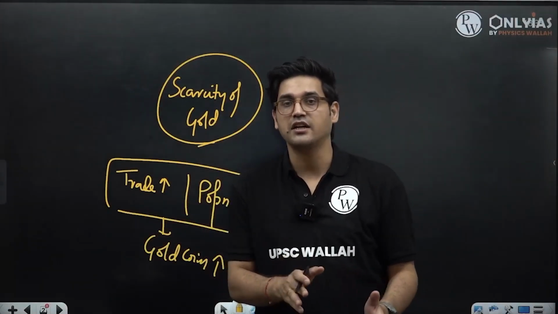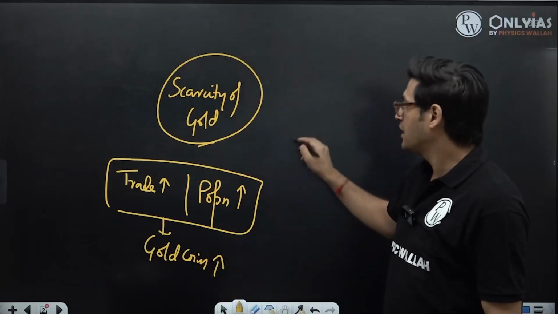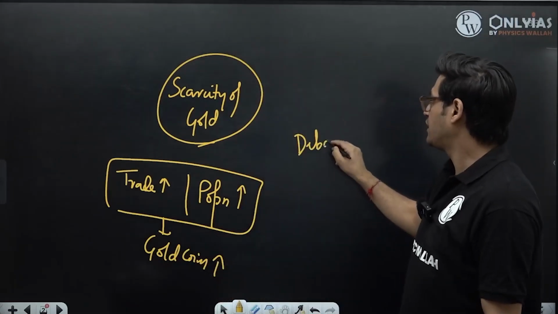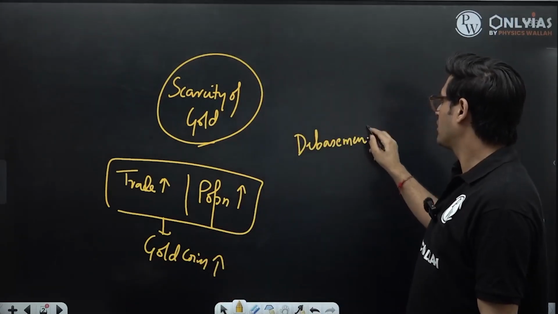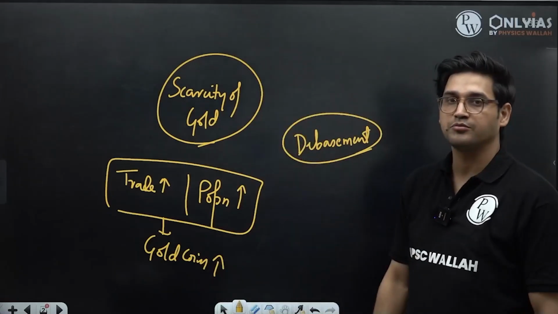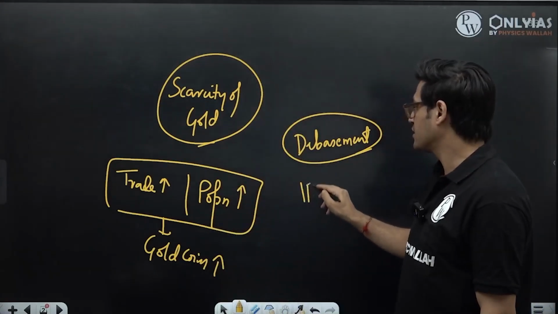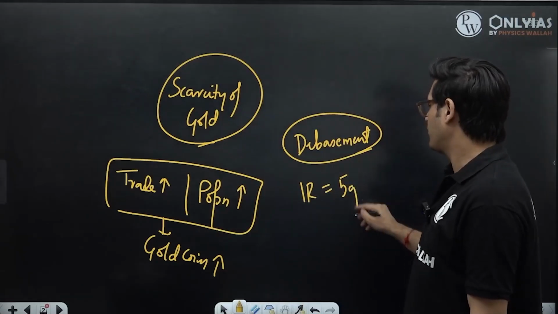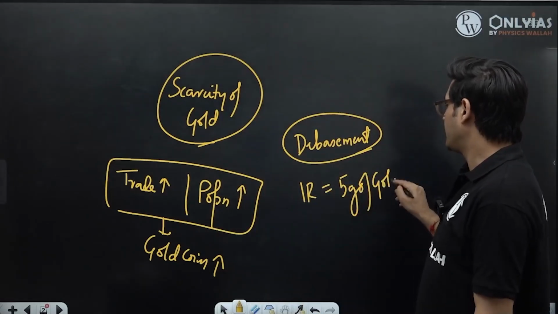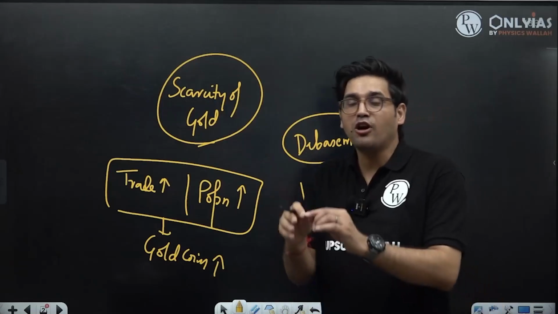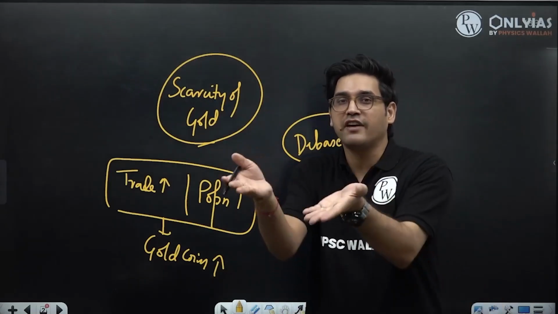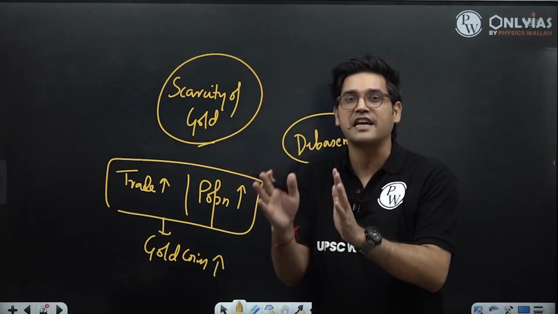Therefore, they started resorting to this practice, which was called debasement of currency. So previously, if in this economy 1 ranchan meant 5 grams of gold, debasement would mean that you are not going to change the outer value of this money, you're only going to change the inner value of this money.